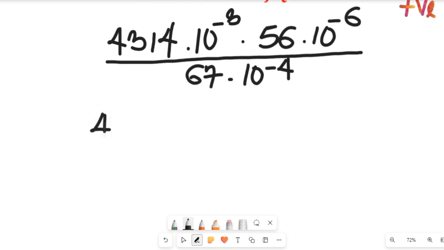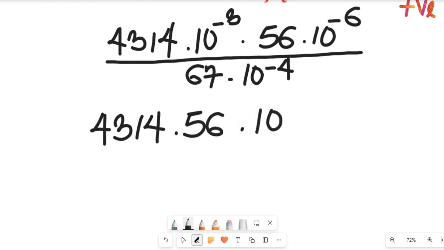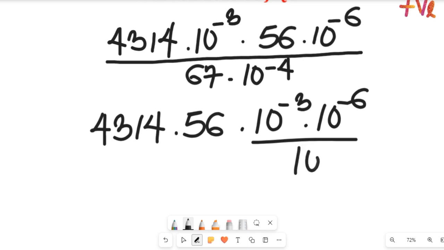So this will give us 4314 multiplied by 56, which is a number. Now multiplied by 10 to the power of negative 3, multiplied by 10 to the power of negative 6, and this will be divided by 10 to the power of negative 4, while this will be divided by 67.